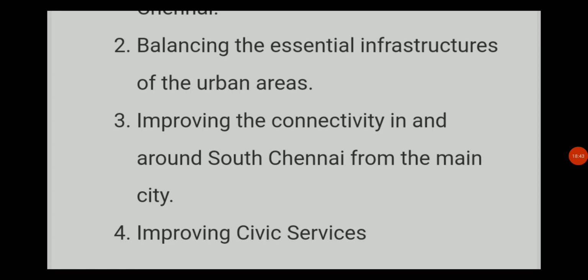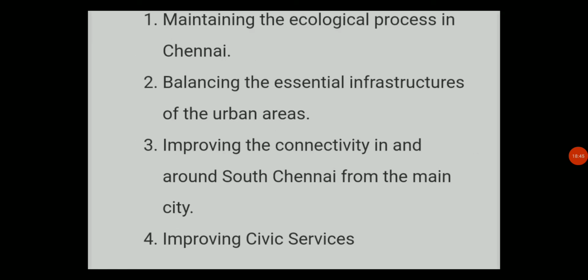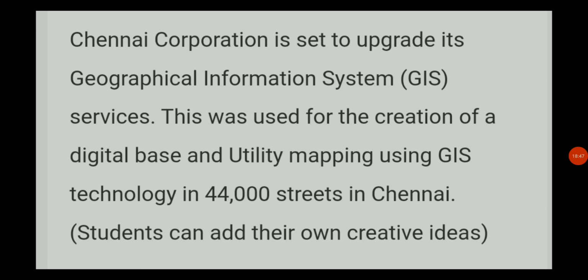Fourth one, improving civic services. So Chennai Corporation is set to upgrade its geographical information system, that is GIS services. This was used for the creation of digital base and utility mapping using GIS technology in 44,000 streets in Chennai. So now you can add your own creativity to it, creative ideas.